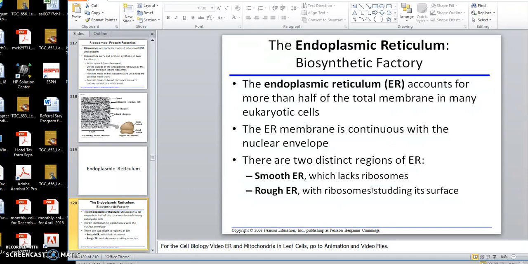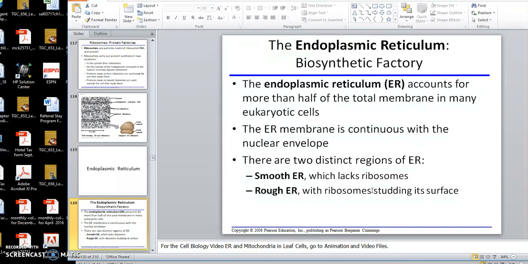So the rough ER, even without the ribosomes, has receptors. Those receptors are where the ribosomes would sit. So even if the ribosomes are not there, a cytologist, a cell person, could say that this is designed for the rough ER.